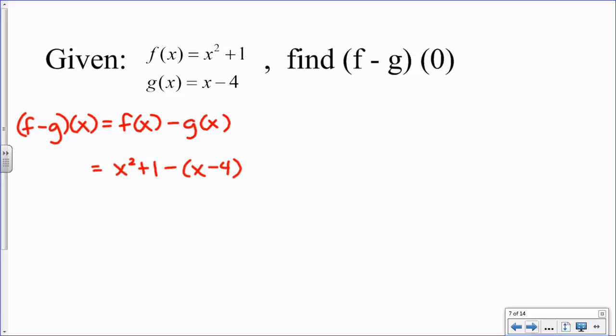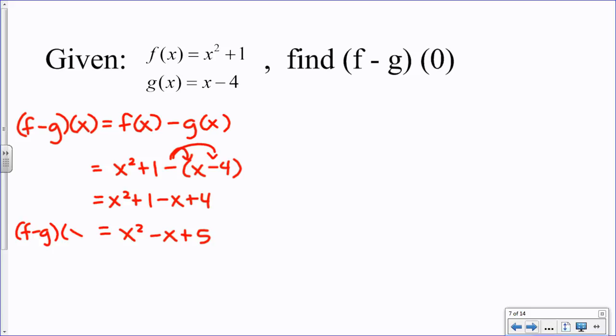So minus x plus 4. I have some like terms to combine, and then I'm going to write x squared minus x plus 5. So that's f minus g of x.